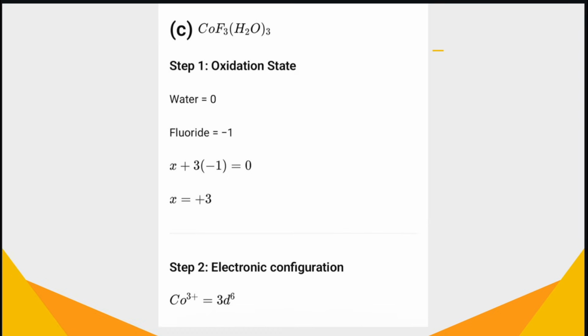Now we will see option C, [CoF3(H2O)3]. In step 1 we will see the oxidation state. Here water is 0, fluoride has -1 charge. So x plus 3 times -1 is equal to 0, so x is equal to +3. In step 2, the electronic configuration for cobalt 3 plus is 3d6, that is a d6 configuration. Now we will see the ligand nature in step 3. F- is a weak field ligand, therefore high spin octahedral.